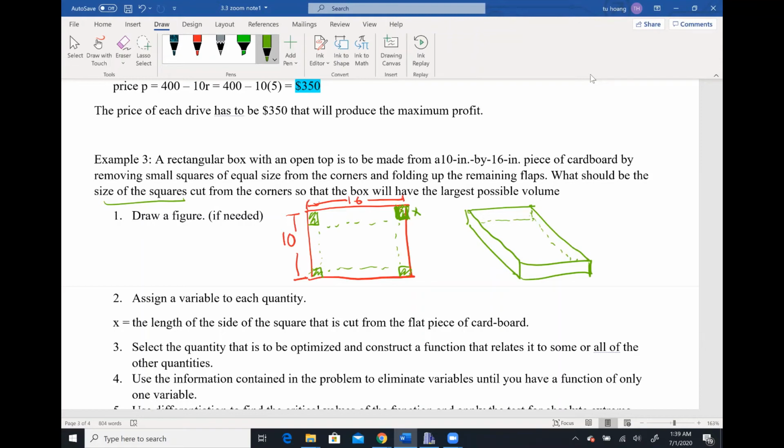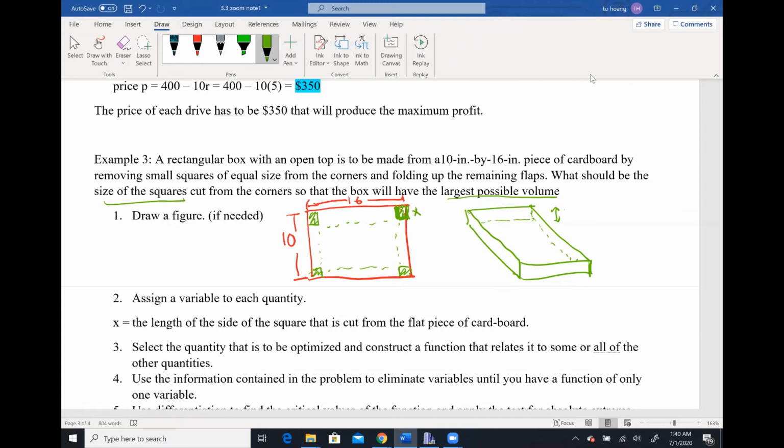What do I need to know for this one? We want to find the volume of this. I want to know this size, the edge.